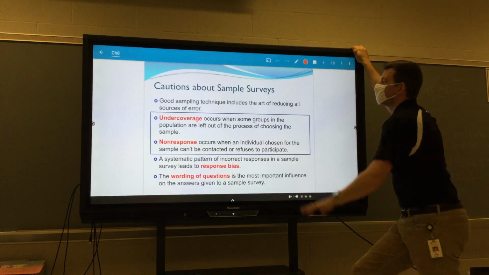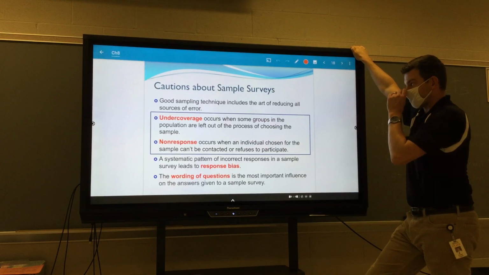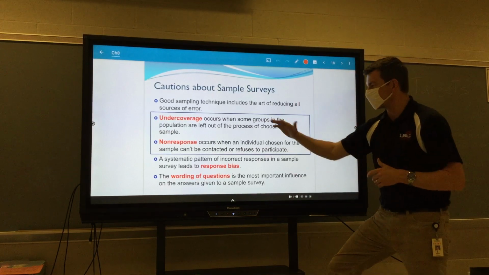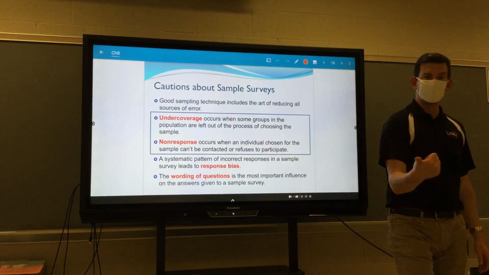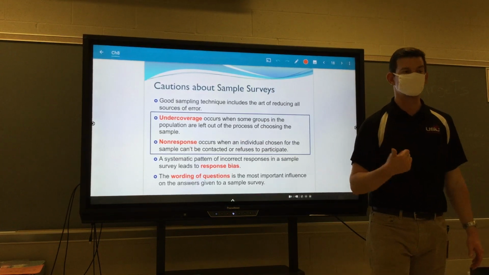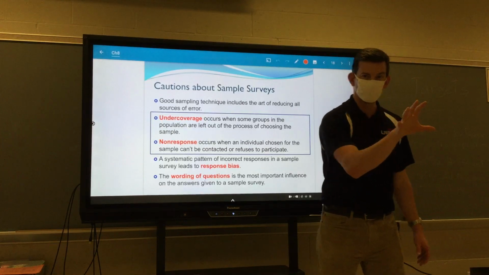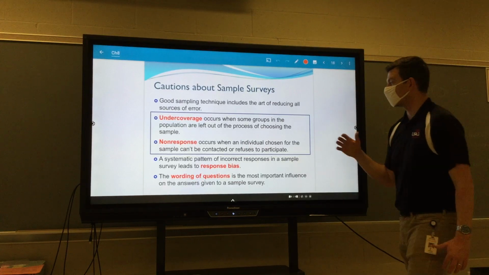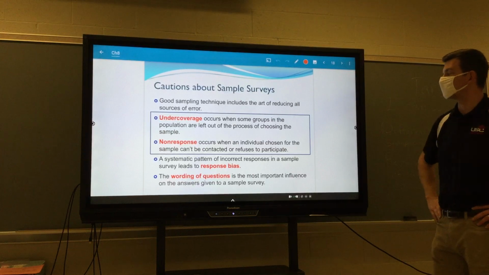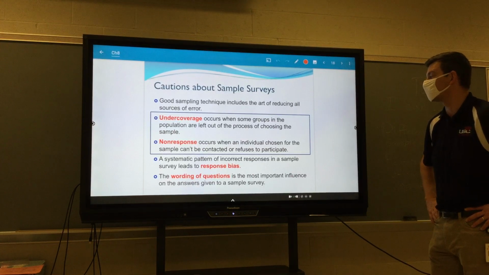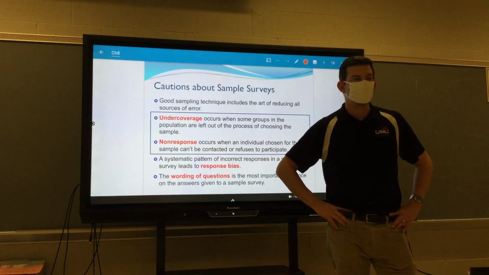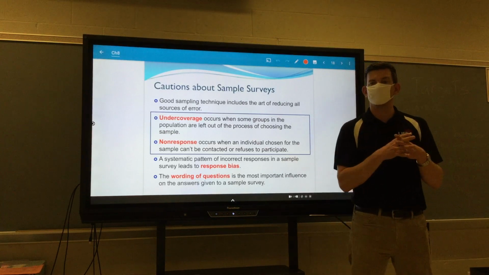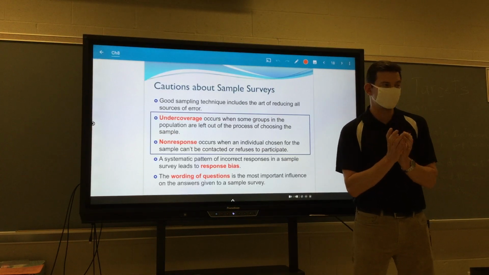Last couple things here. Cautions about sample surveys. Good sampling techniques include the art of reducing all sources of error. Undercoverage. That was one of the problems leading up to the 2016 election in terms of the polls not predicting what happened in the election itself. Undercoverage occurs when some groups in the population are left out of the process of choosing the sample. The pollsters were using outdated and antiquated techniques for obtaining their survey data.